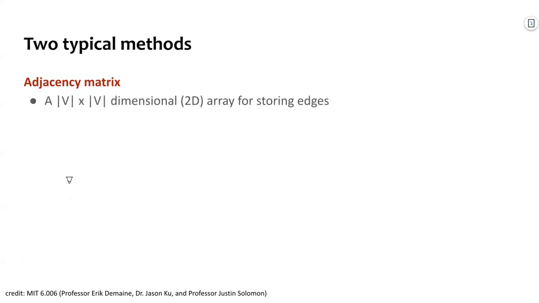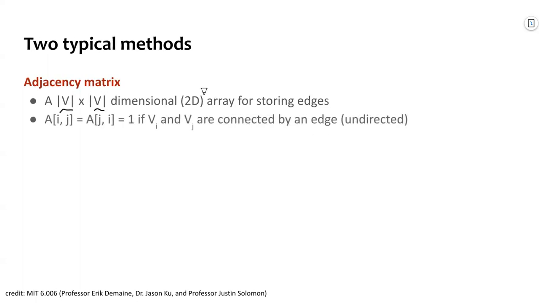And there are 2 typical methods to represent graphs in a computer. The first one is called the adjacency matrix. I guess some of you are familiar with this concept. This is a V times V dimensional 2D array for storing edges. And the element at the position i, j or j, i is 1 if Vi and Vj are connected by an edge.